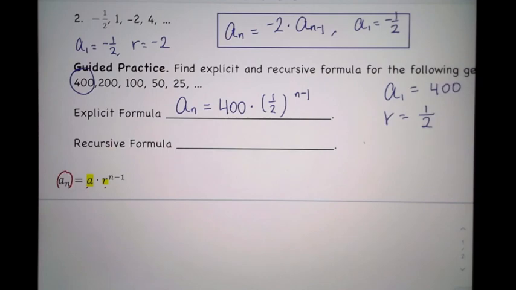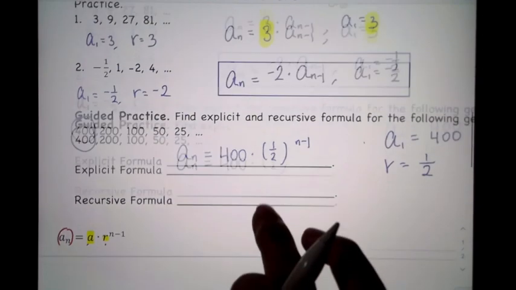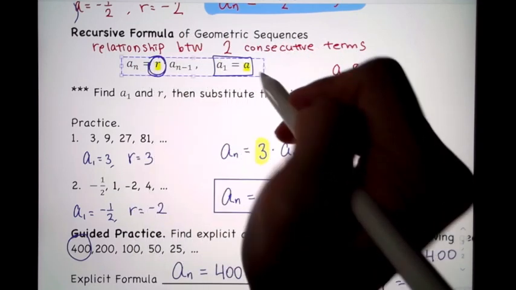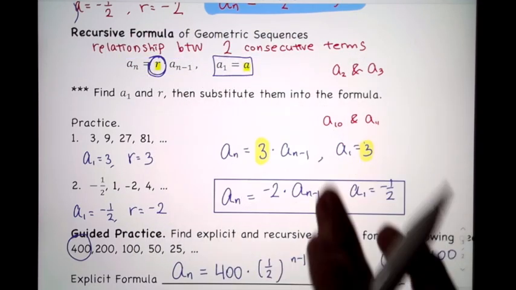And for the recursive form, then we have the recursive formula. If you keep doing it, then you will memorize this one.